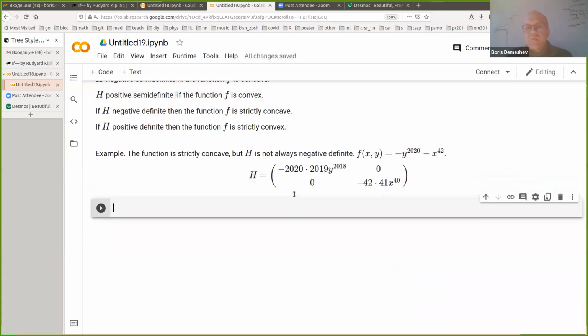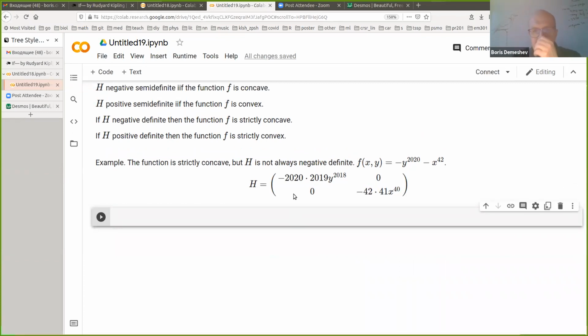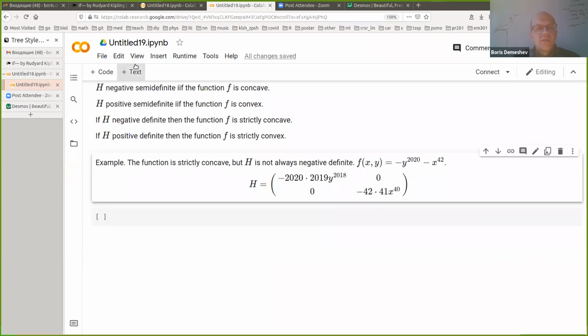If I consider the point x equal to 0, y equal to 0, my matrix will be just 0.